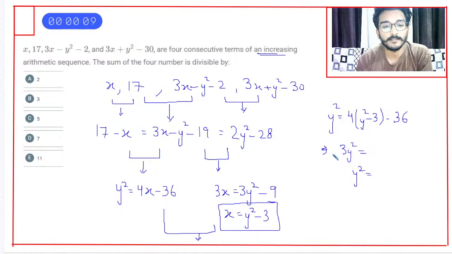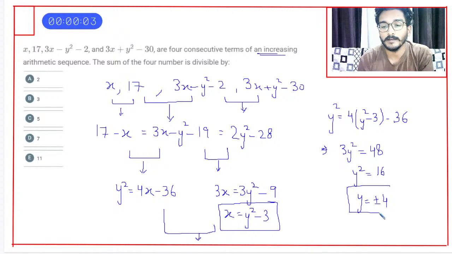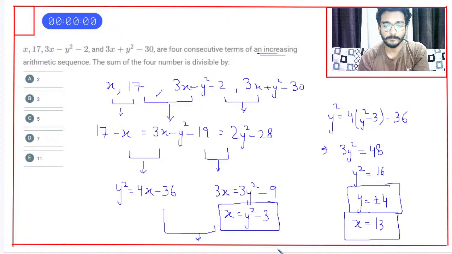Minus 12 minus 36, minus 48, so it will be 48. So y square equal to 16. So y equal to plus minus 4. Once I get the y value, I will plug it back to find x. It is 16 minus 3, 13. So I get the unknown values. That's it.